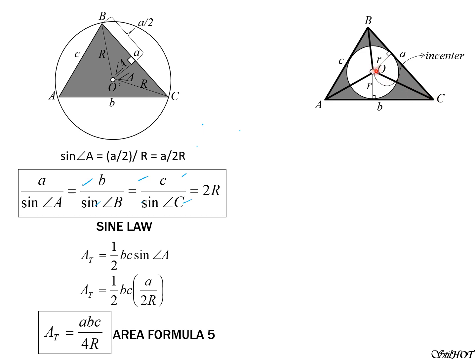In this right triangle also, opposite is R, the hypotenuse is OC. So these two are equal. That means that this line CO bisects the vertex angle C. In short, this incenter is also the point of intersection of these angle bisectors.